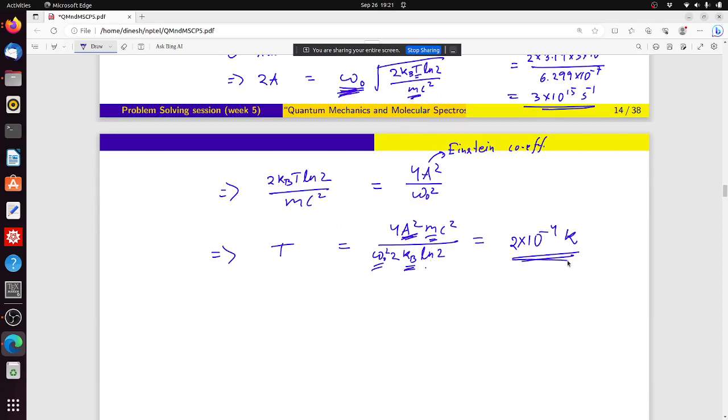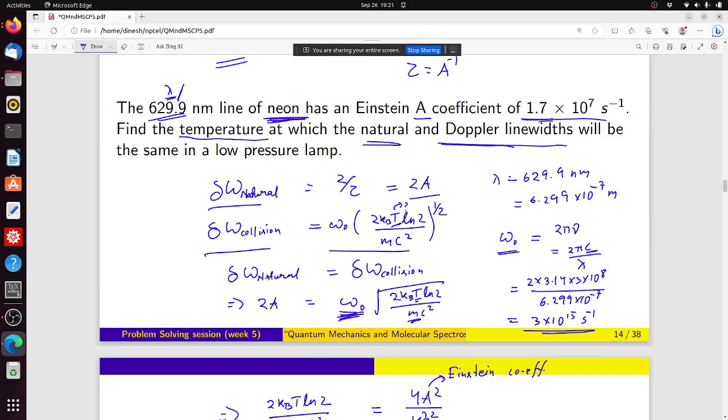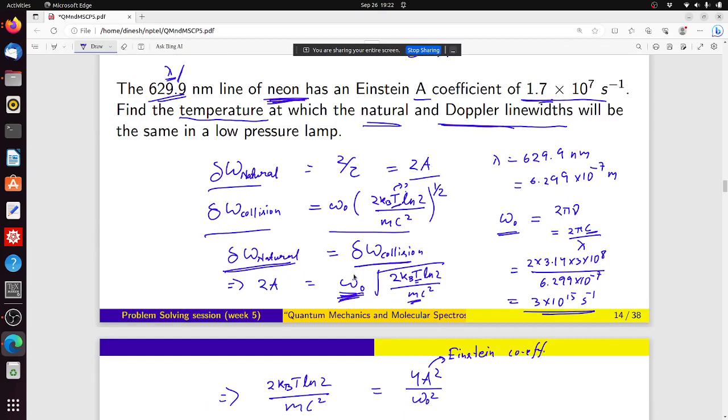So if you put all those values, you will get the temperature to be this much. So at this temperature, this natural line width and this collision line width will be equal.